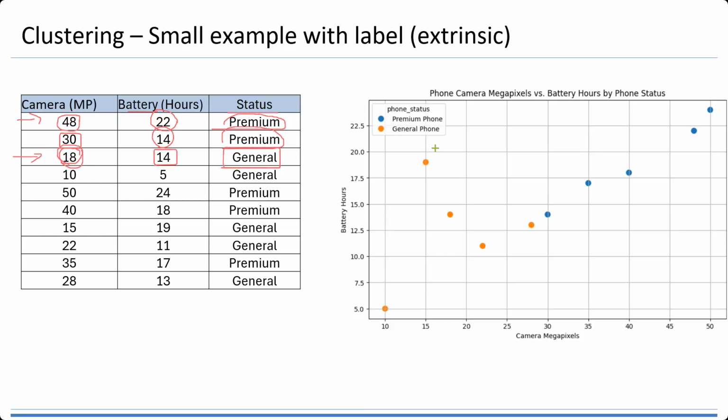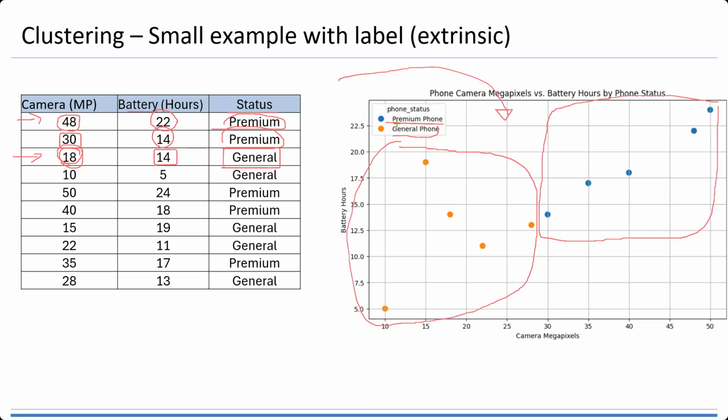The third smartphone has an 18 megapixel camera, 14 hours of battery, and the status is just a general phone. Then we can plot. So this is the plot. This is the premium phone, and this section is the general phone. It means this is the label, or we call this the actual label.